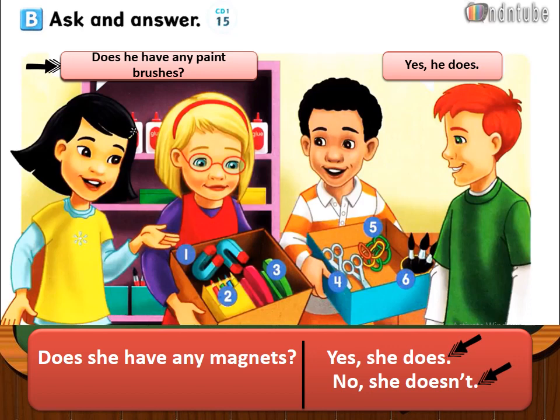Yes, he does. So the boy and girl are all holding the objects that we are looking for. Again, the answer is yes, she does. And no, she doesn't.